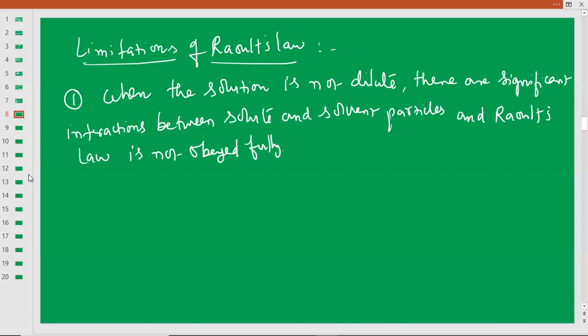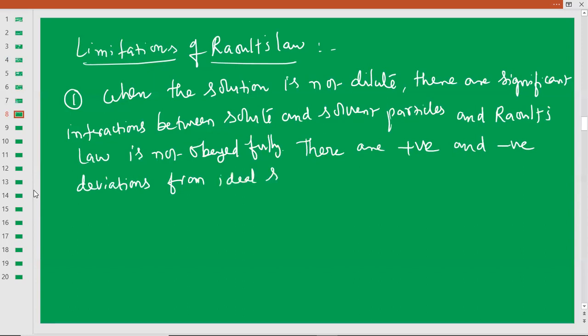So we can understand a solution definitely will be formed in this also, but there are positive and negative deviations from ideal behavior, or ideal solution, we can check it.